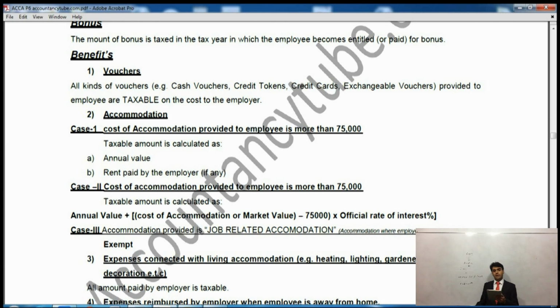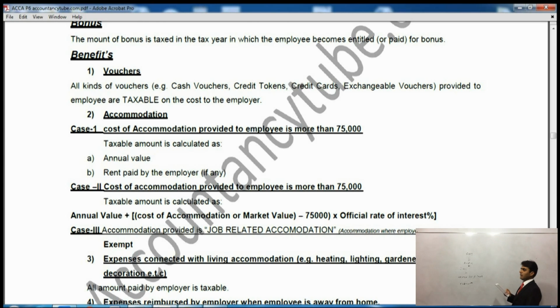So if the accommodation is less than £75,000, what if the accommodation is an expensive one and it is more than £75,000? Then you will have to take the annual value and add something to it. What something? Let's see. Take the annual value and add the cost of accommodation or market value less £75,000, which is our threshold, multiplied by the official rate of interest.